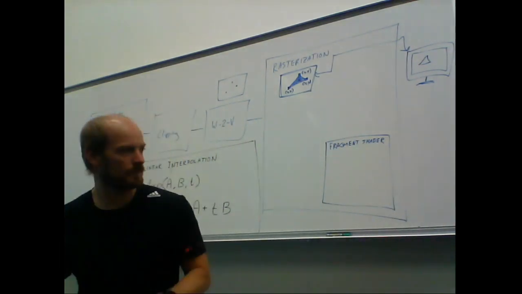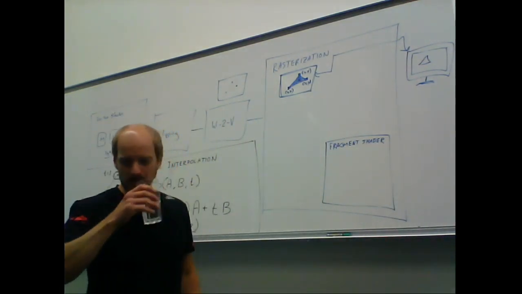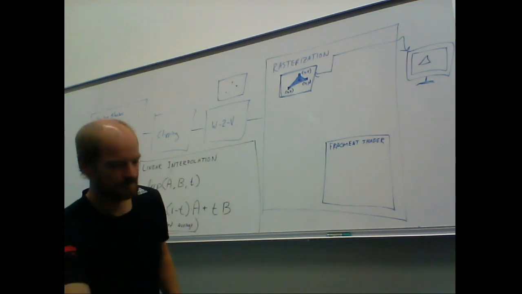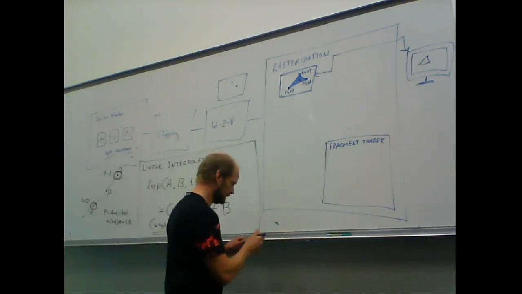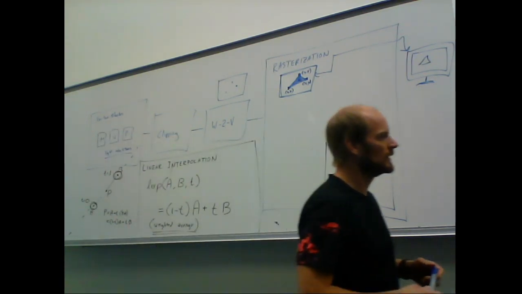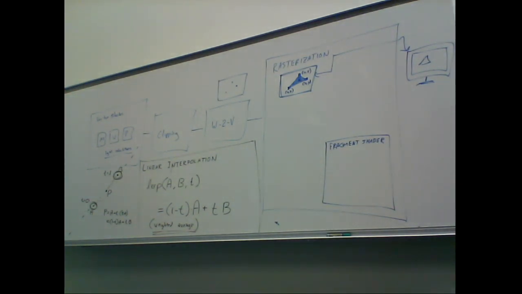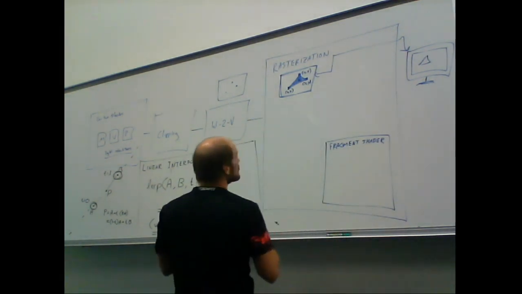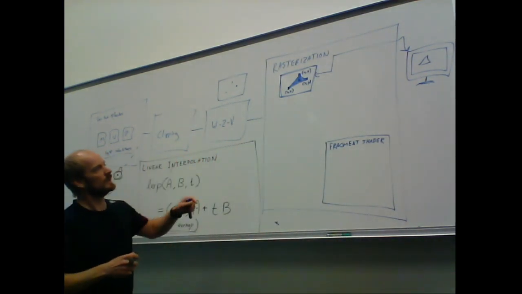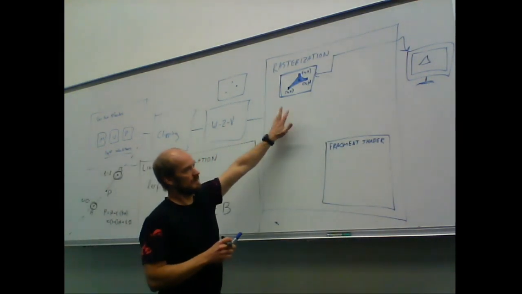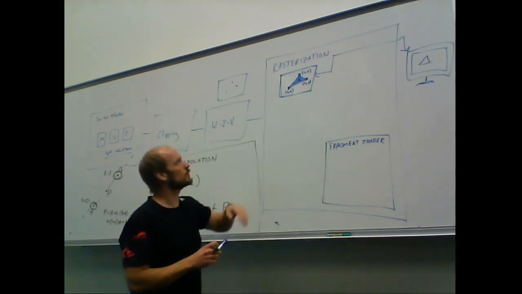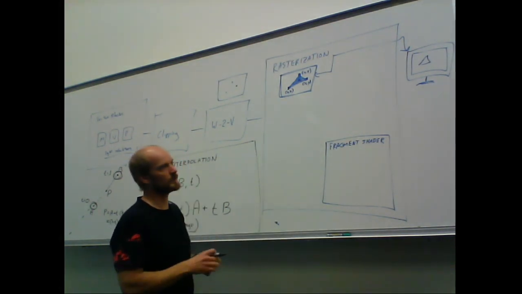Let us switch for a moment over to this screen here, or over to this board. And let's fill in very short pseudocode here in the rasterization for what we were doing earlier.